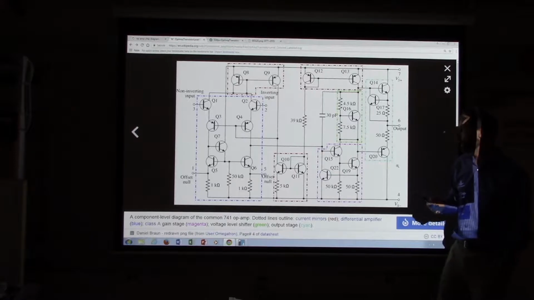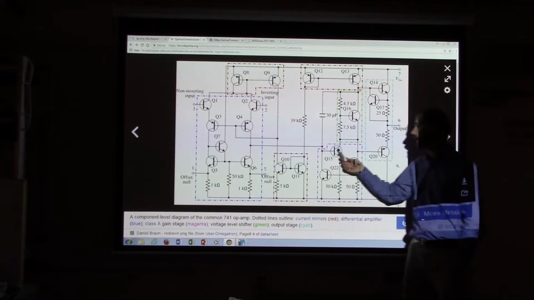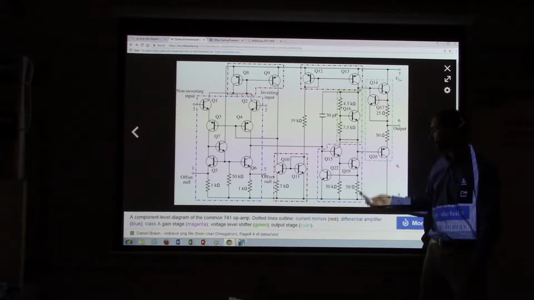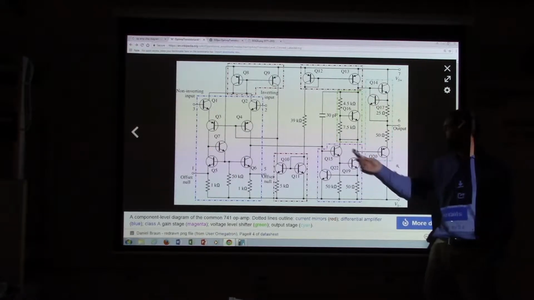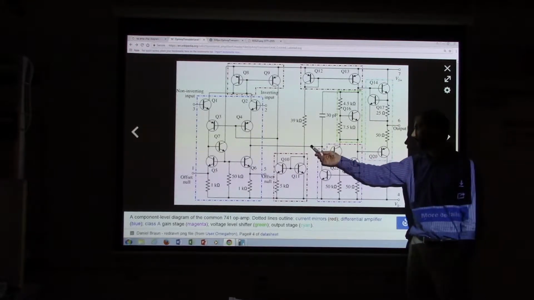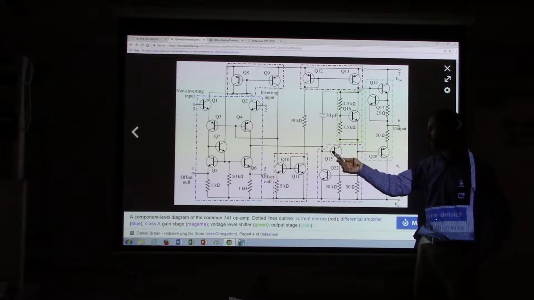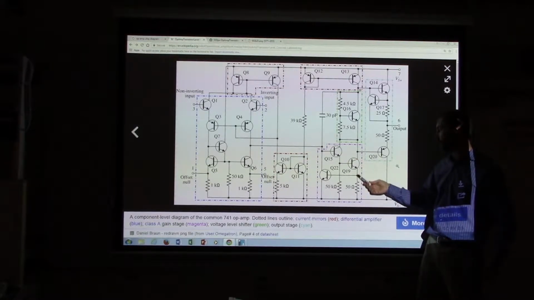Then the output of that circuit comes over here to this little part which is outlined in magenta. And you might notice this configuration where you have the signal coming in and connected to the base of this transistor, and then the emitter of that transistor connected to the base of the next transistor.